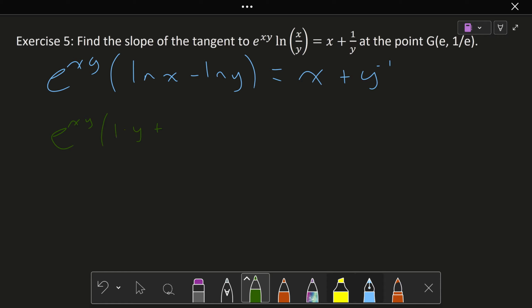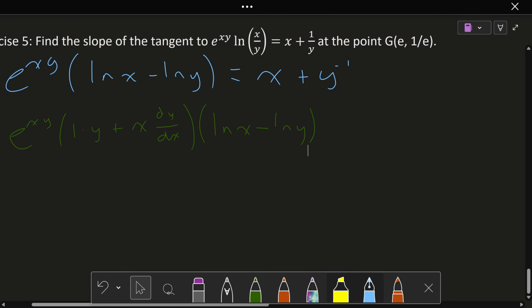And I'm going to add to that, leaving my f as is, times the derivative of my g, which is dy/dx. So just remember that the derivative of y is dy/dx. So that's just the derivative of e^(xy).